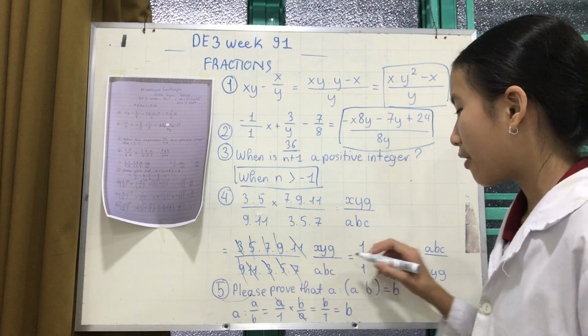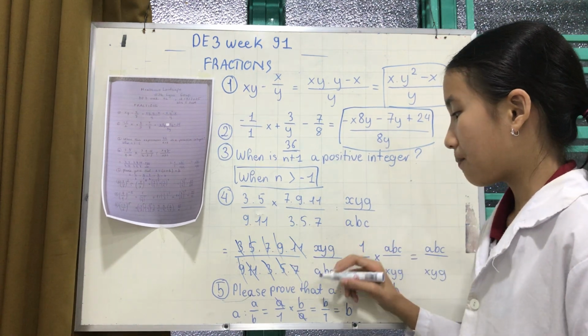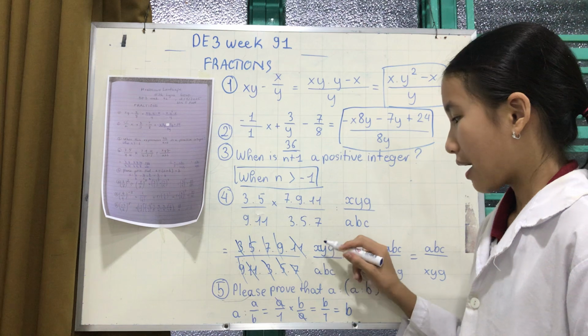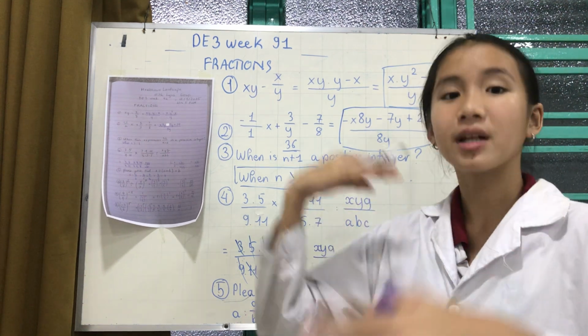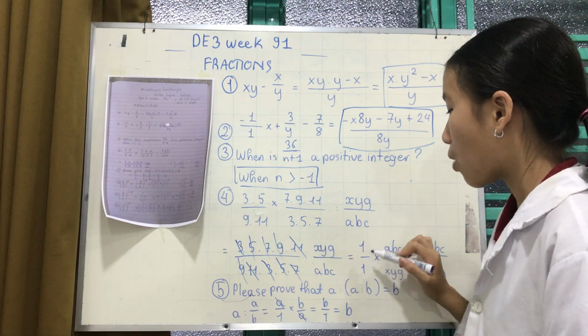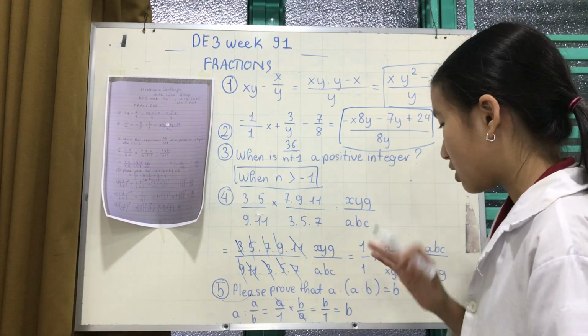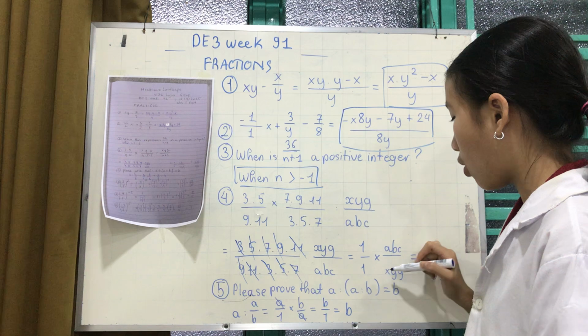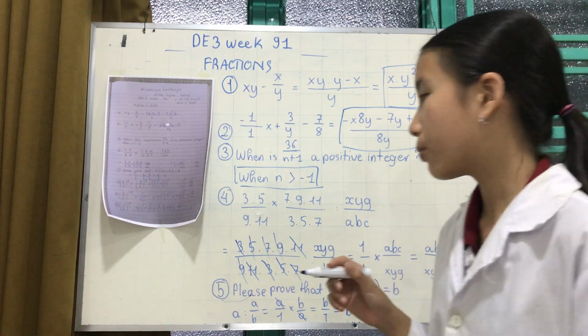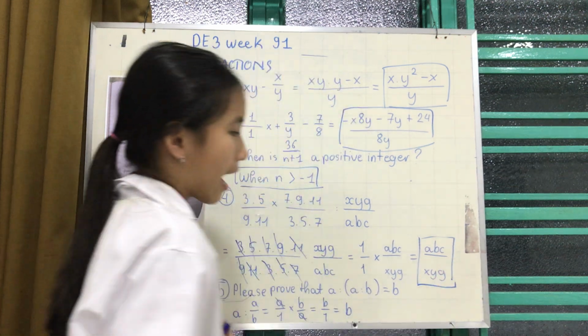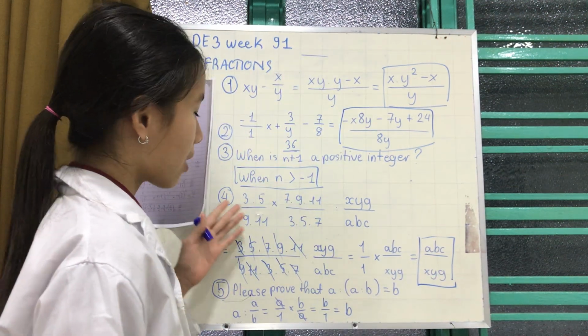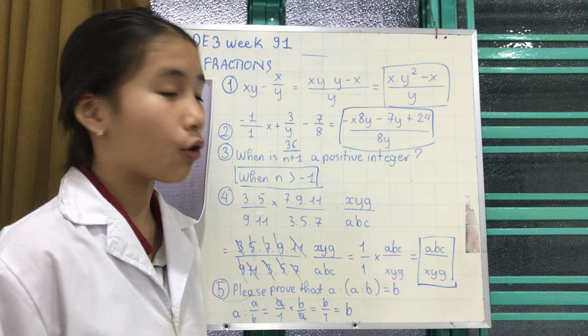Now we have 1 over 1 divided by xyg over abc. So when we divide it, we flip it. So it is 1 over 1, which is just 1, times abc over xyg, which we will have the answer of abc over xyg. So that is my answer for problem number 4.